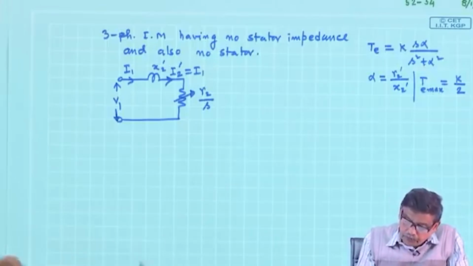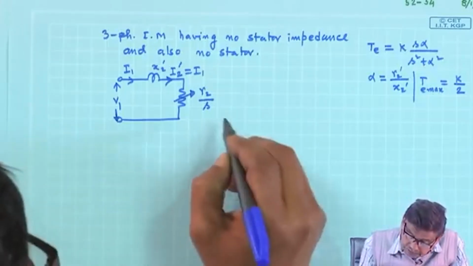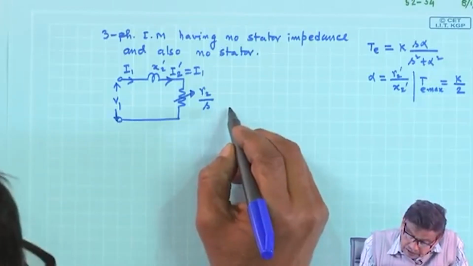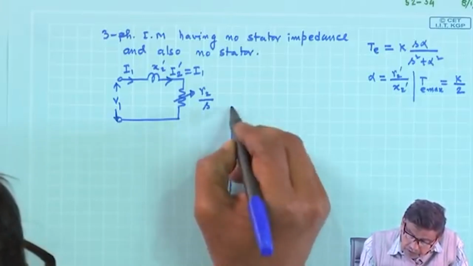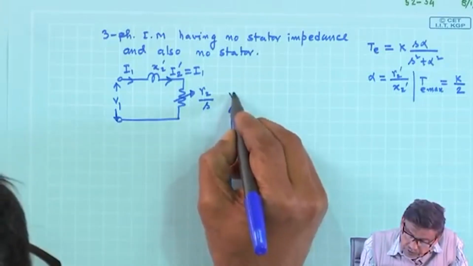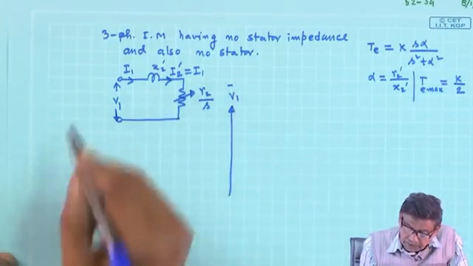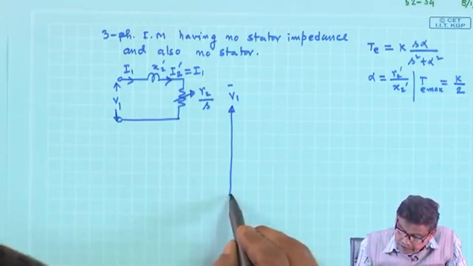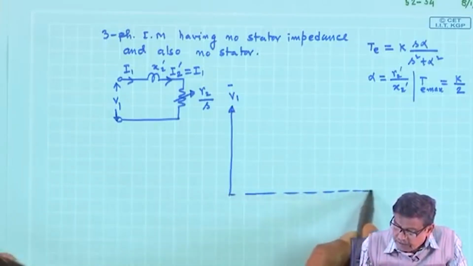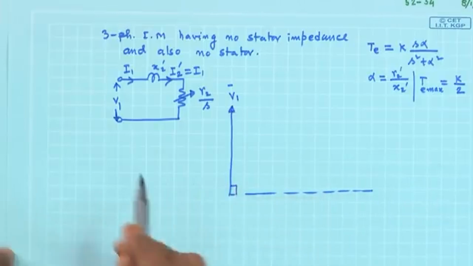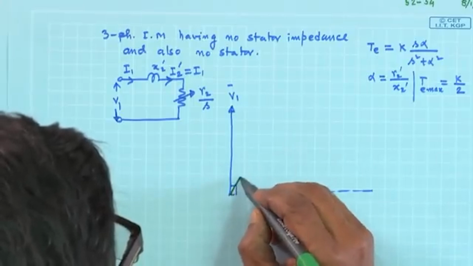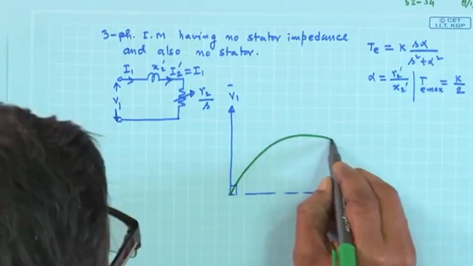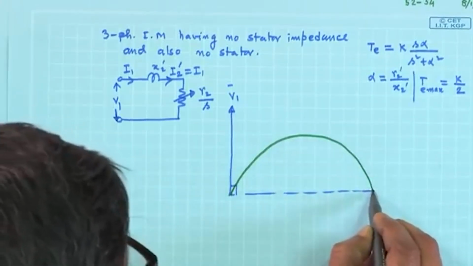Therefore, we expect that the circle diagram of the induction machine will be somewhat like this. Suppose this is the voltage phasor V 1, the supply voltage per phase, then the diameter of the circle will be at 90 degree apart like this, and the locus of the tip of the current will be here.